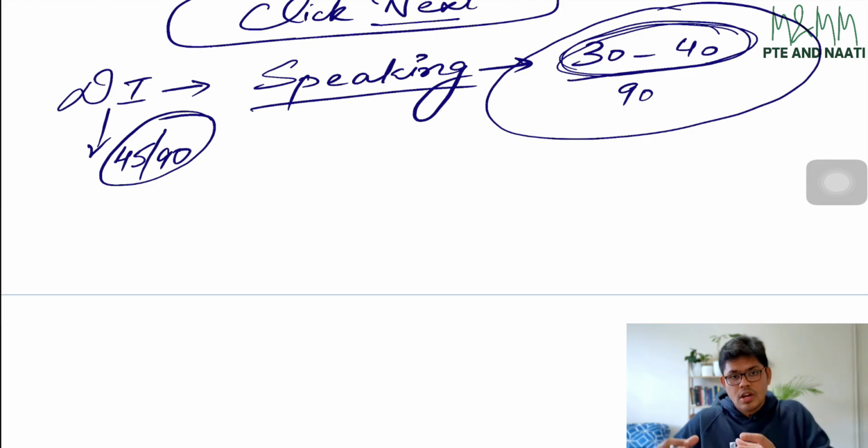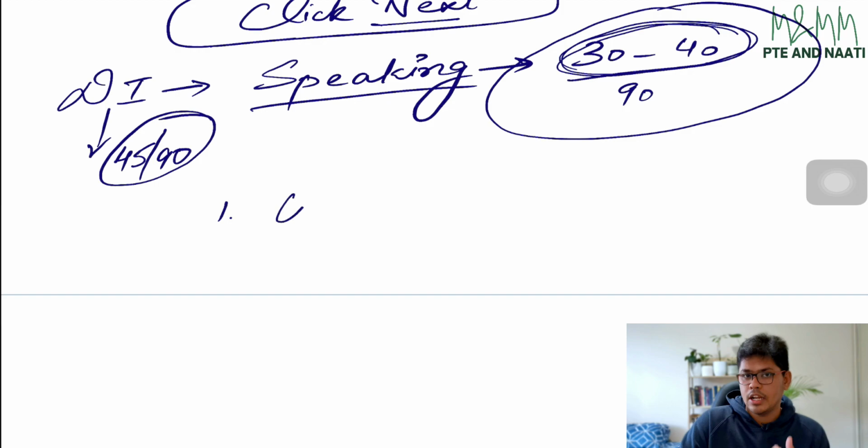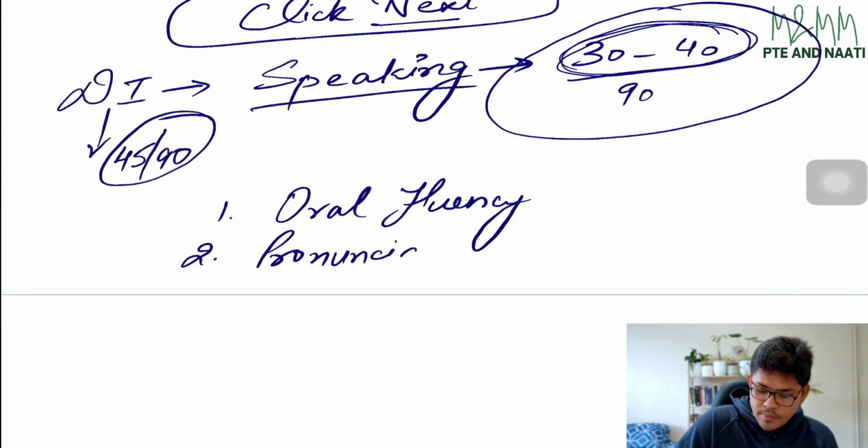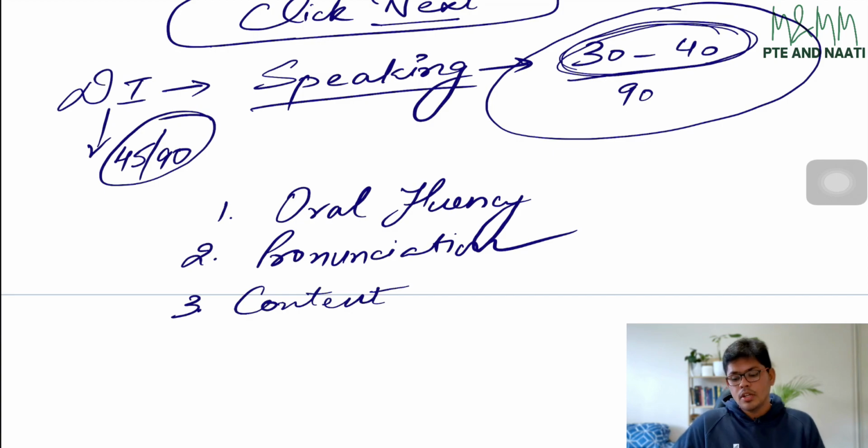So your construction of the speaking section is based on 3 pillars, and we have discussed that in a lot of videos: first is your oral fluency, second is pronunciation, and last is content. So let's say, for example, read aloud. Now read aloud, all 3 are important. Retell lecture, all 3 are important. Repeat sentence, all 3 are important. Pronunciation, fluency, and content. But Describe Image is the only topic in speaking apart from these 3 topics.